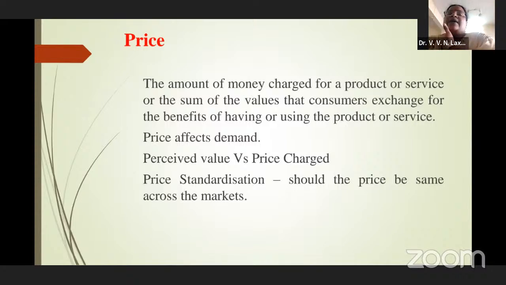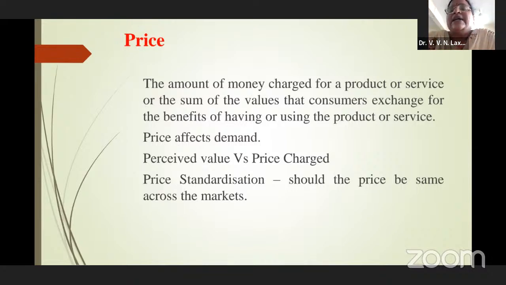Why price has to be specifically discussed is that a product is incomplete without price. And in the Indian context, we attach price and quality in a unidirectional way. That is, we believe that the higher the price, the higher the quality of the product.